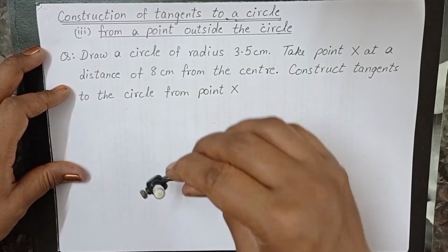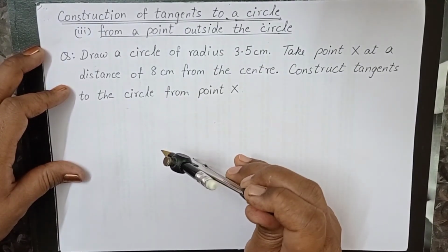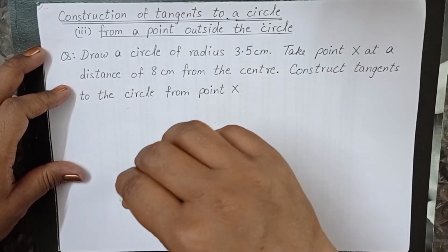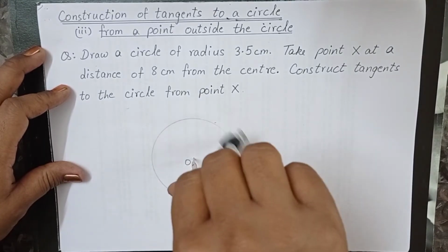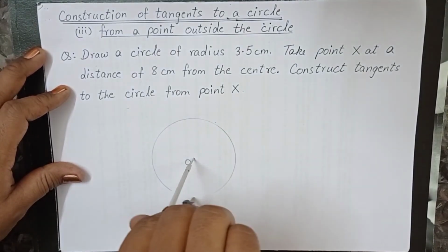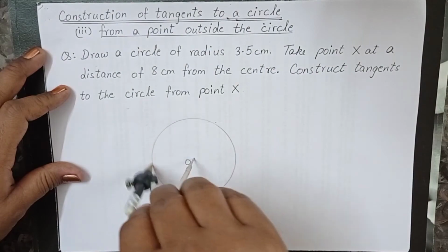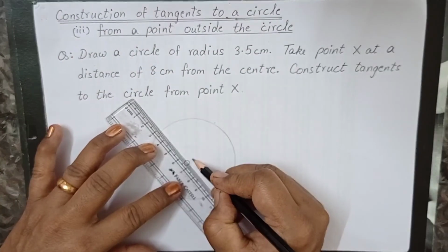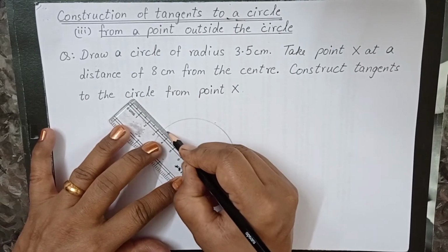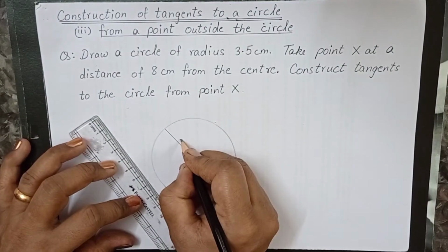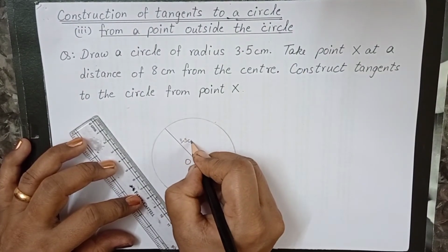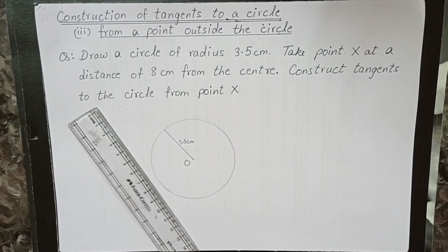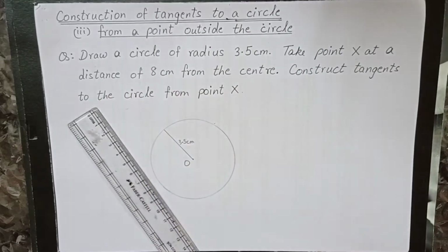That's the center, so draw the circle using this center. This is the circle with center O and radius 3.5 centimeter.